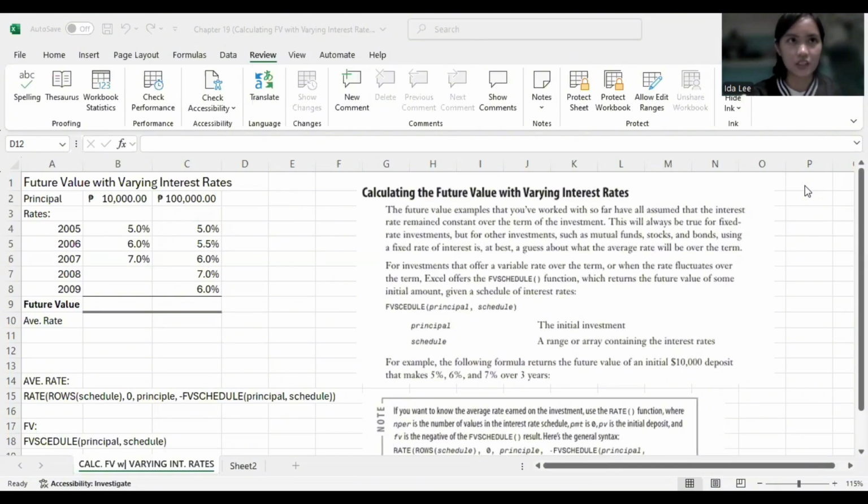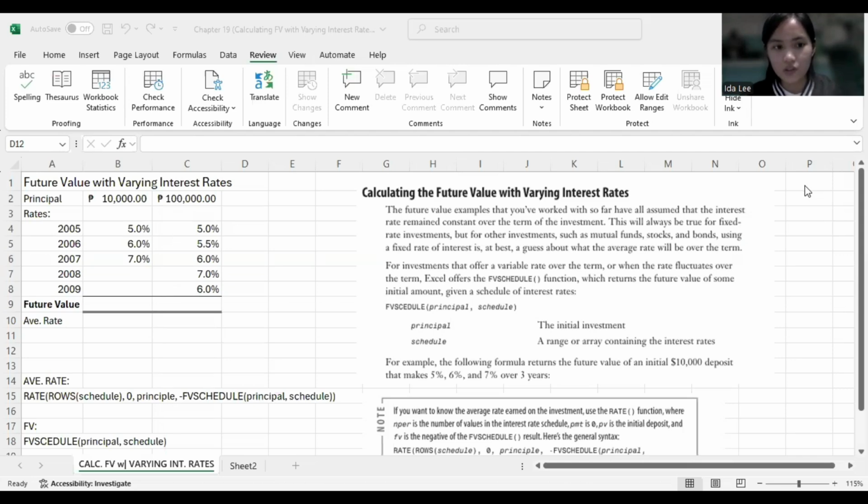So basically, in a real scenario, interest rates can change every year. And in doing so, Excel offers the future value schedule function, which returns the future value of some initial amount given a schedule of interest rates.